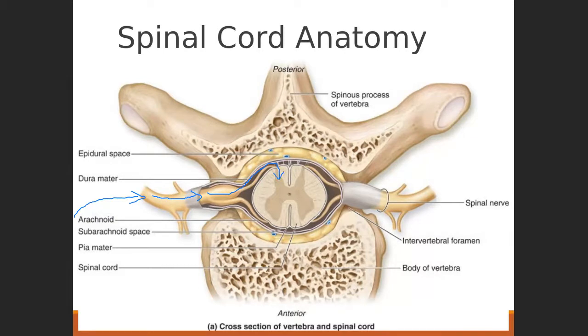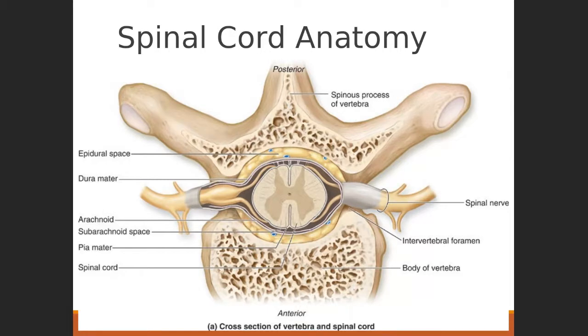So any sensory neurons that were out here in our peripheral nerve, as they are going towards the spinal cord, they take this posterior branch into the spinal cord. Here is our dorsal root ganglion. That's where we find the cell bodies for any sensory neurons. So sensation will always go through our spinal nerve and enter the rear of the spinal cord.